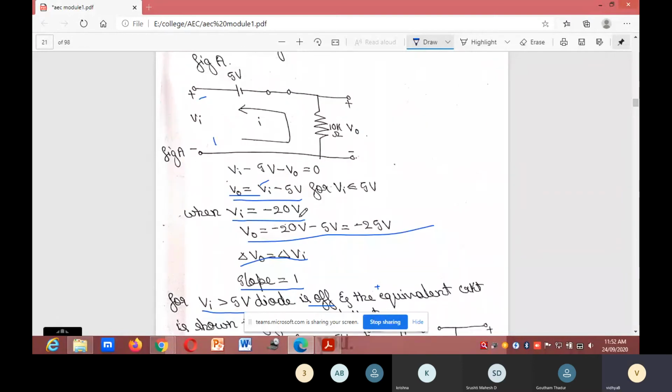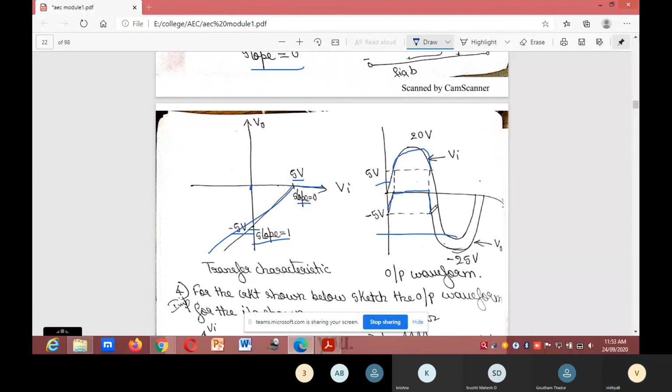When Vi is equal to -20, we got 25 volts, so when the input is equal to -20, the output is equal to -25.